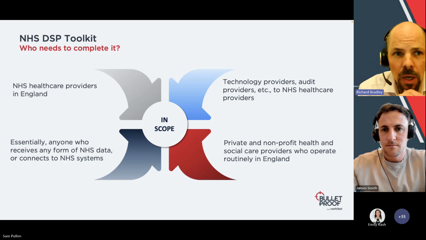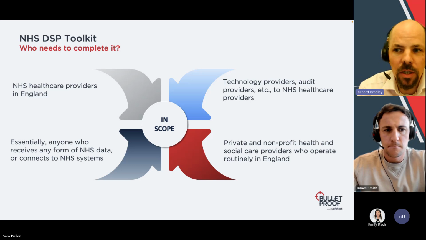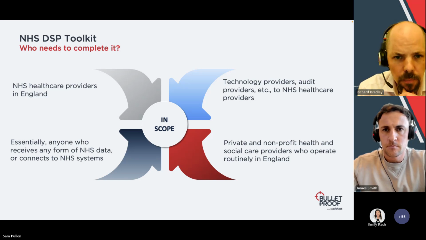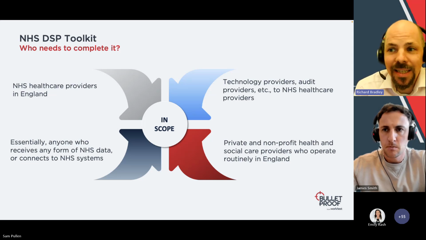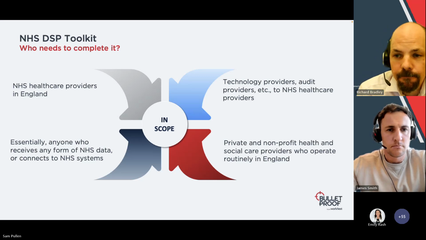But even those who initially didn't intend to be in scope, for example a private ambulance provider who primarily does events and so on, but also starts to pick up work such as patient transport, they almost certainly will need to complete a toolkit submission as well. I appreciate that's quite brief, but it's a fairly straightforward answer. And I will just say it is specific to England, not to Scotland or to Wales. Next slide, please.